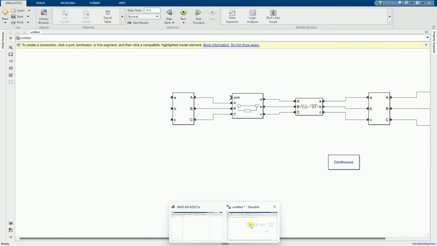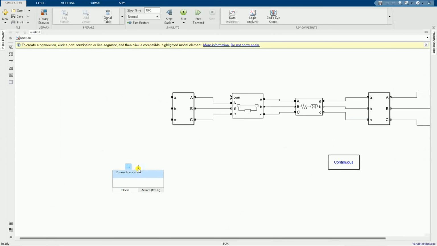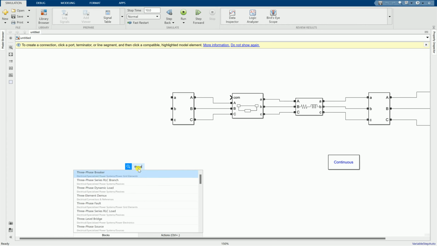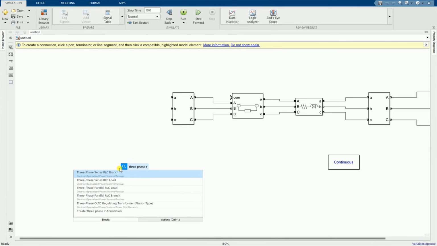Now let's go here. So we have here the 3-phase load 10 kilowatt. So what we are going to do, we are going to say 3-phase. So this is a 3-phase with only a resistor. So you can say RLC. Series or parallel will not change anything because we have only a resistor.